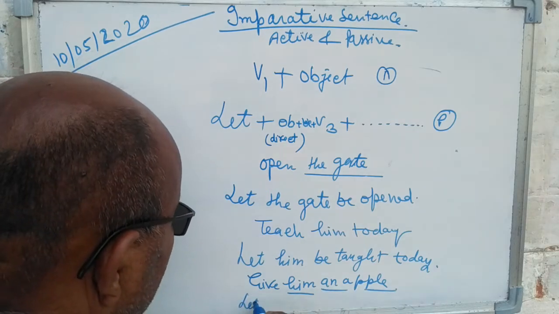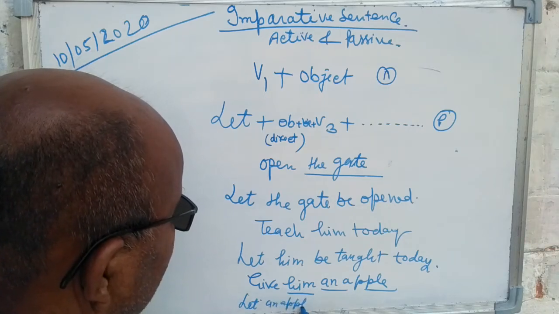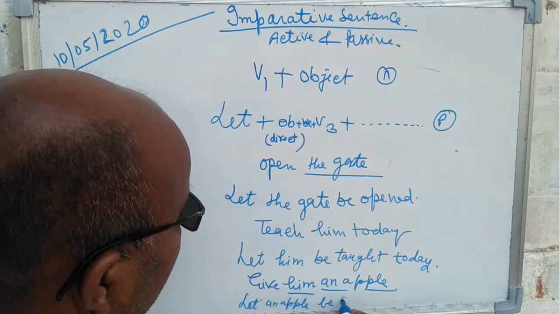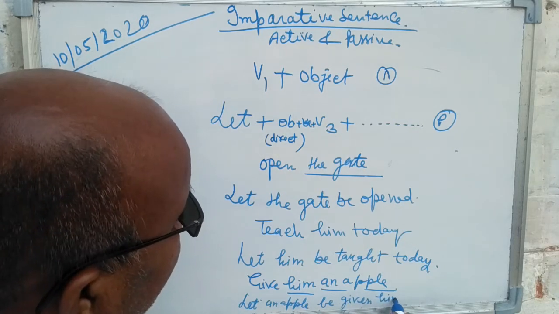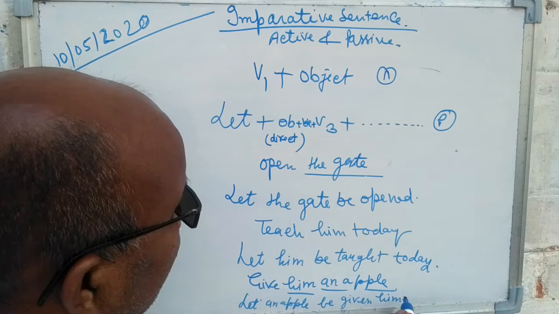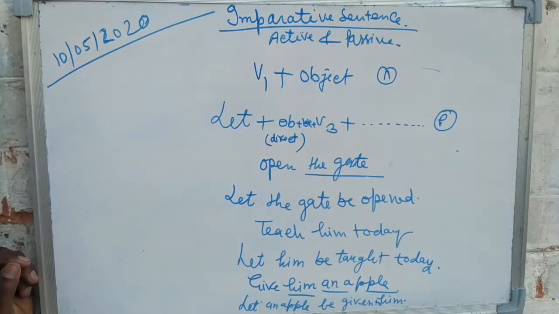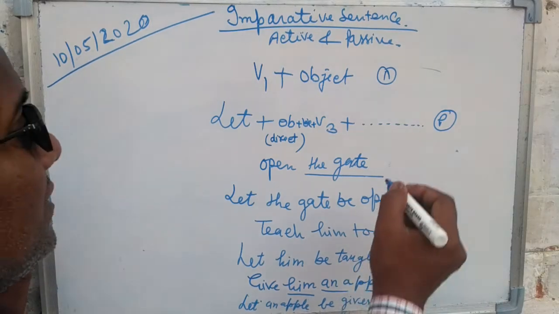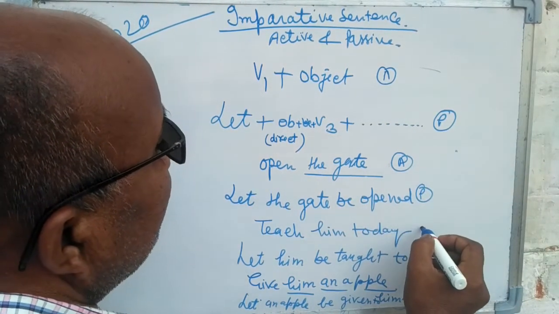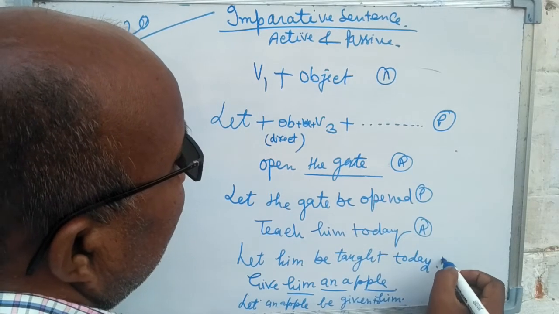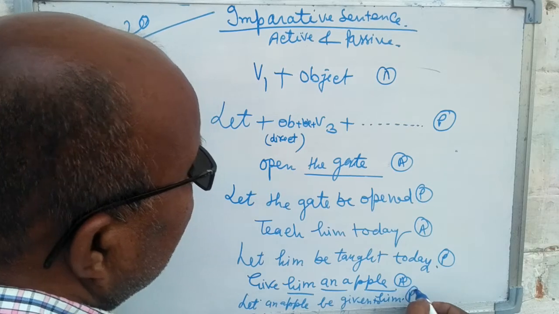Let an apple, the direct object, be given, third form, to him. You can write "to him" also. Given to him. So this sentence is in active, this sentence is in passive.